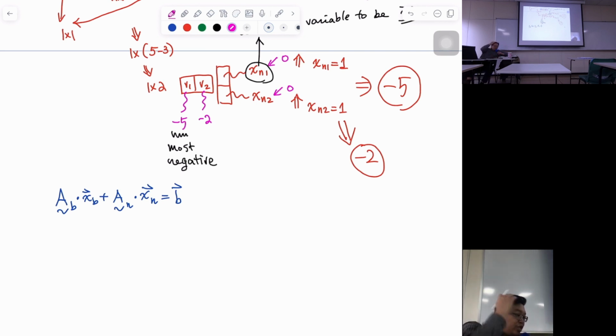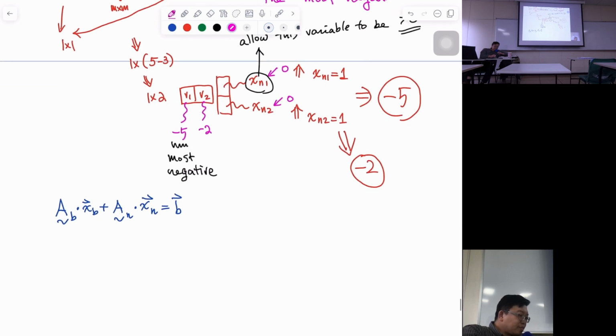Because we already chose one of the xn, later on it will become positive. We can rewrite this equation in the following form.